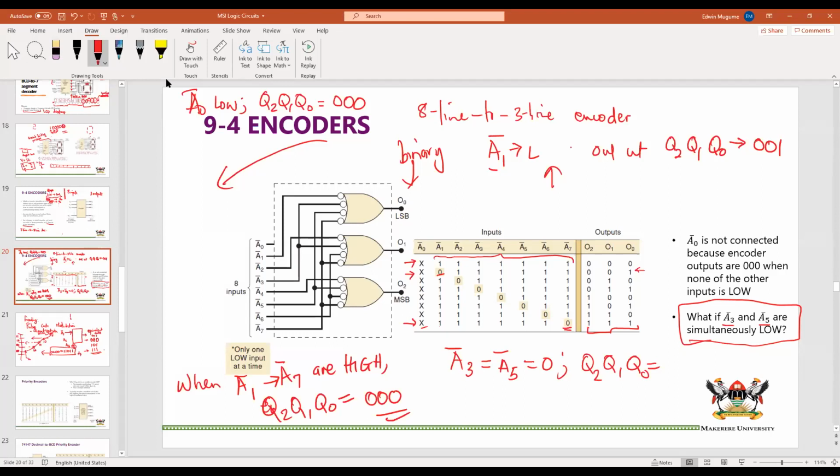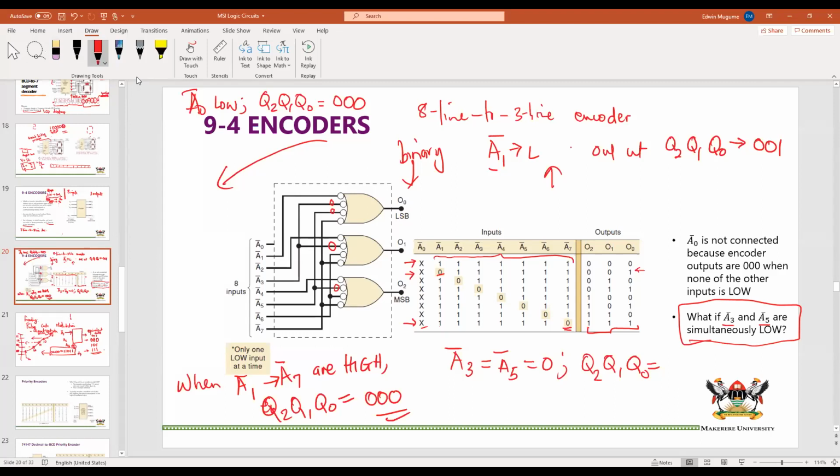Let us look at this case. We have A3 low, so we have a 0 here, and a 0 here, and A5 is also low, so we have a 0 here, and another 0 in the middle there. So for A3, it is there, and for A5, it is there.